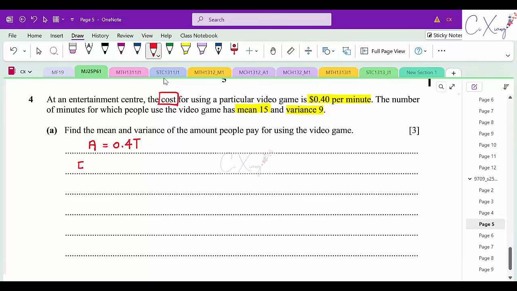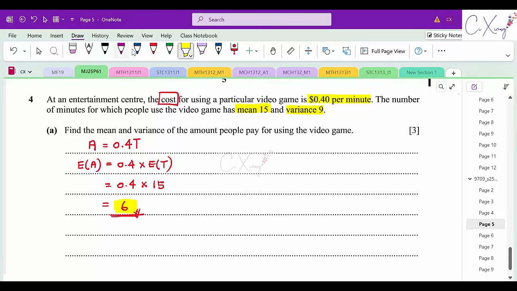If I want to calculate the mean for A, I have 0.4 multiplied by the mean of T. Just now we were given the mean of time, which is 15. So 0.4 multiplied by 15 gives a mean of 6. So the mean amount to pay is $6.